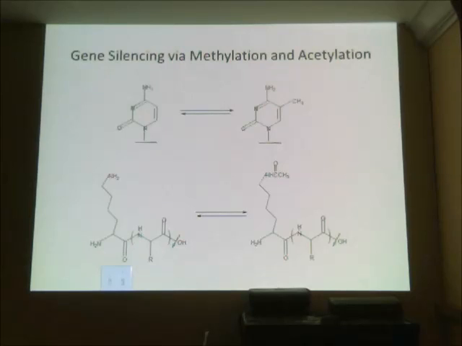And silencing is something you want to have happen, particularly when you've got a gene from both parents. You don't want both of those genes necessarily to be expressed. You might want one of them to be silenced and the other not. So that's the natural reason for having this kind of mechanism.